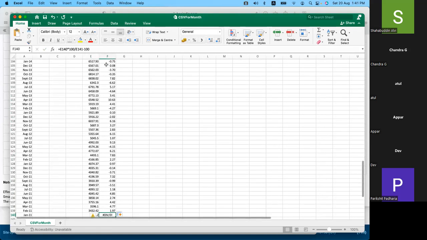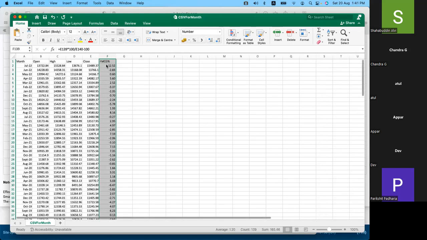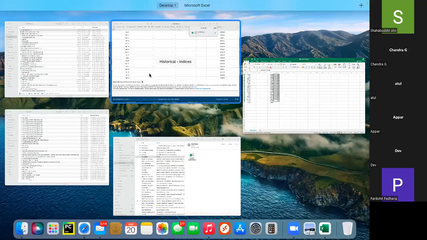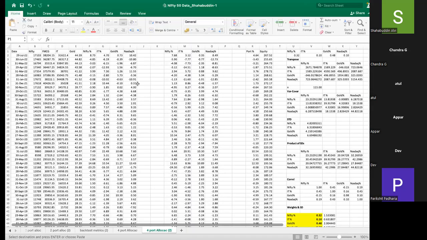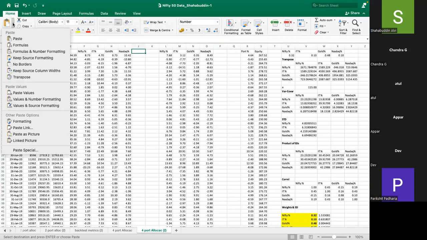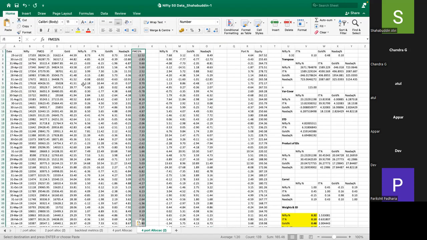Get these values and paste it in the other sheet. We already have IT. FMCG. Just see if any BSE strategy index is there.